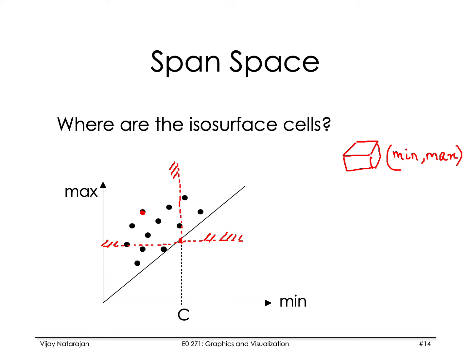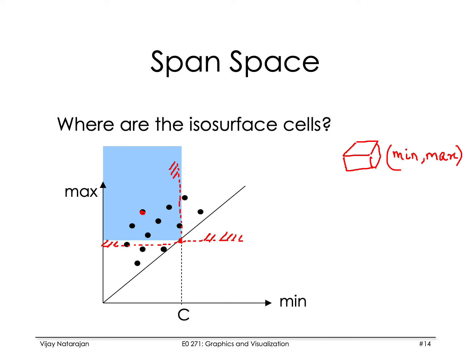So the set of all points that lie in the intersection of these two half planes are the cells that we need. These are essentially the points that belong to this open-ended rectangle. The blue rectangle is our query. We would like to find all points that lie within the blue rectangle.